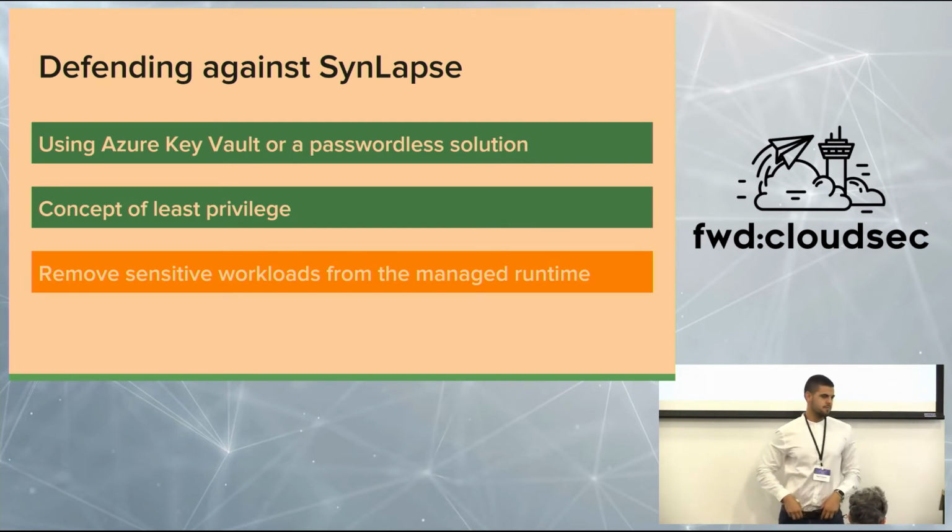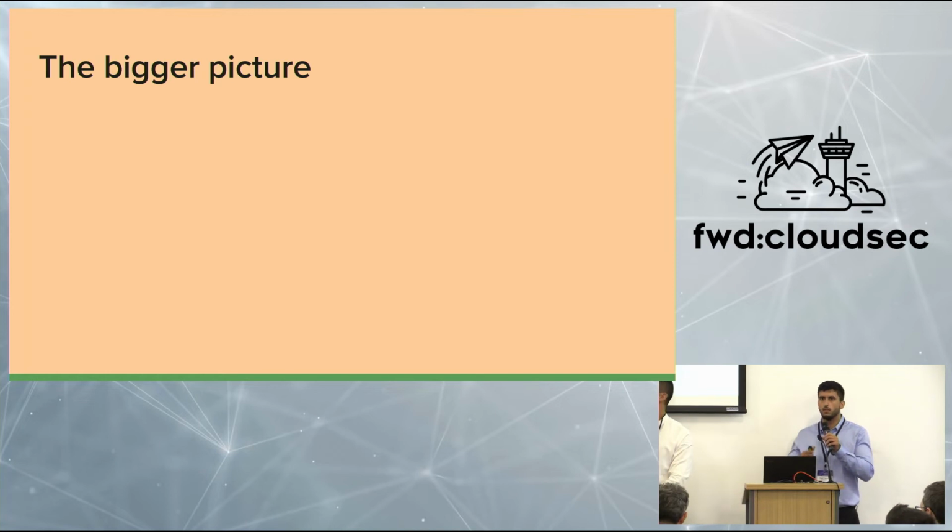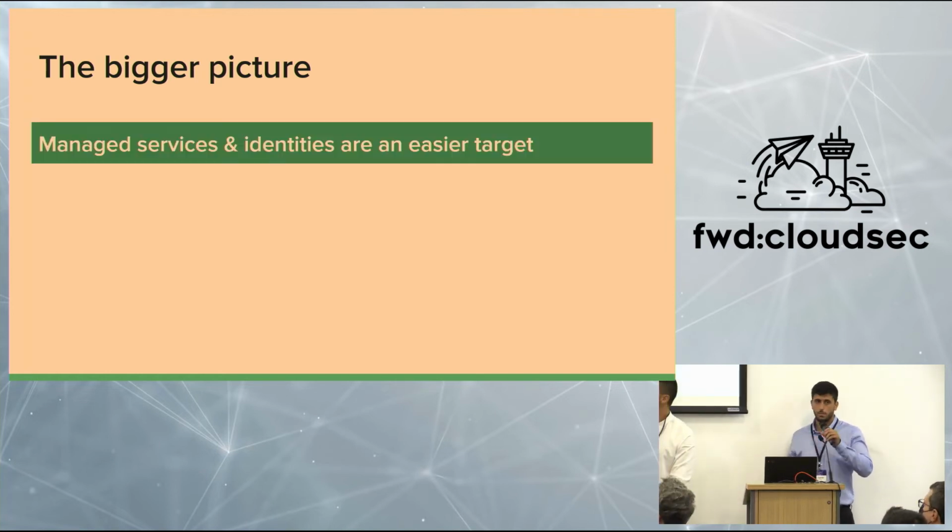Okay, so we've talked about 2 case studies that are very specific to the vulnerabilities we've discovered. But right now we want to talk about the bigger picture, what we think is the bigger underlying issue here. So obviously, managed services and identities are an easier target.